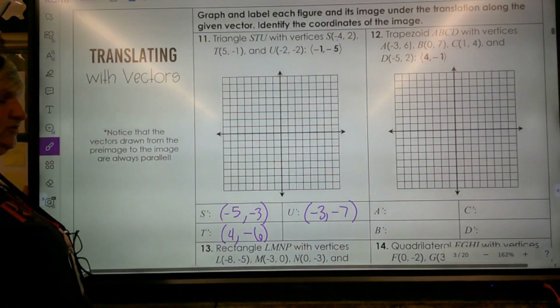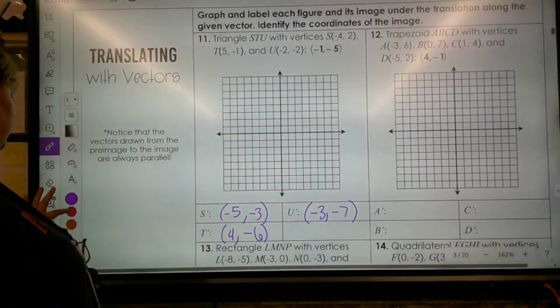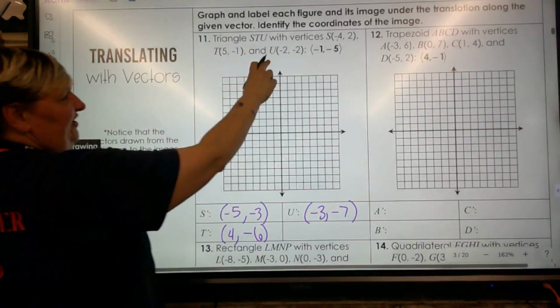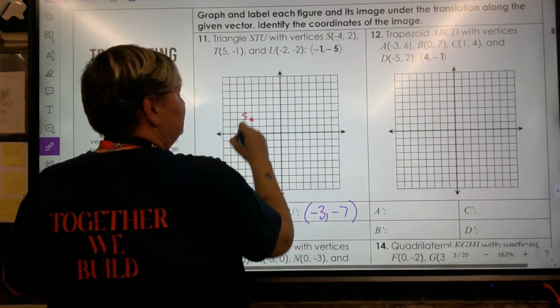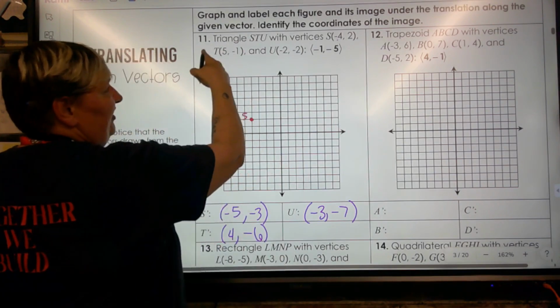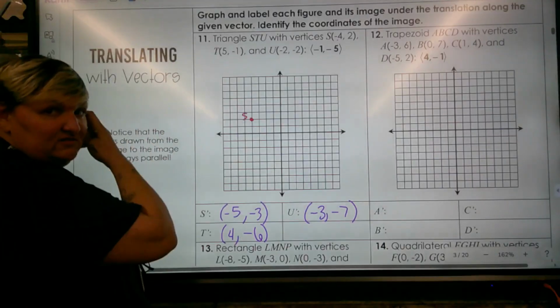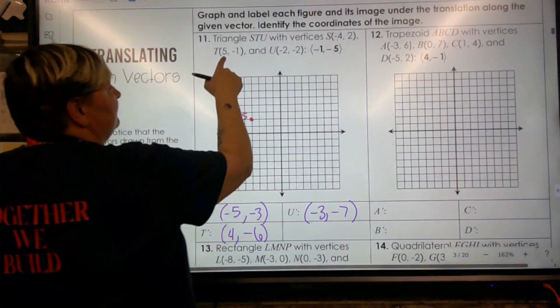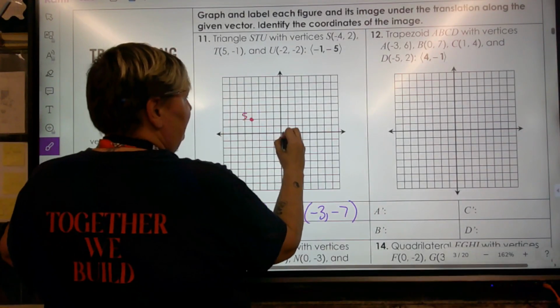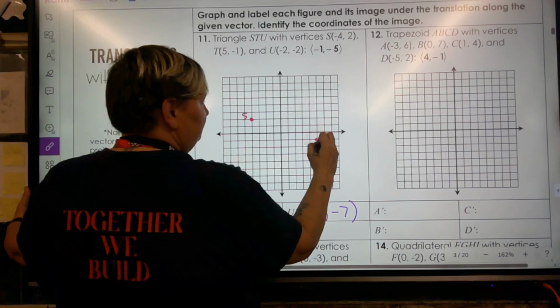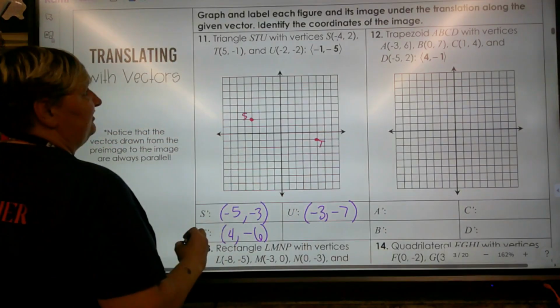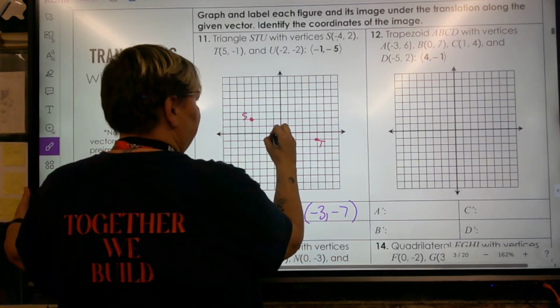All right? Do it in 2 different colors if it helps you. Put your pre-image, -4, 2, S. It tells you it's a triangle, so it's only going to have 3 vertices. T is 5, -1. And U is -2, -2.